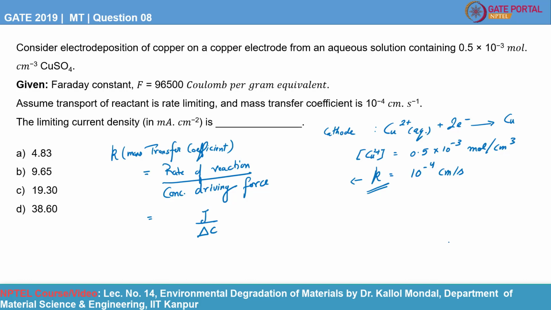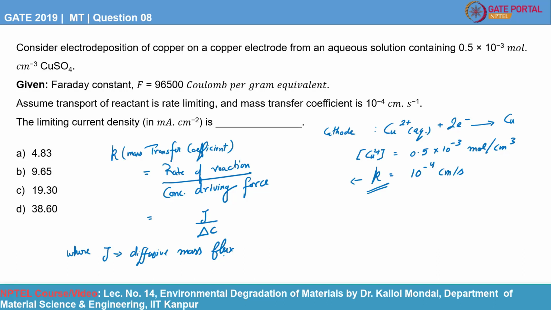That is, what is J? J is diffusive mass flux, or in our case in this problem, since we are dealing in moles, diffusive molar flux. Now you must understand what is diffusive mass flux. It is the rate of mass diffusion of chemical species in a stagnant medium in a specified direction.